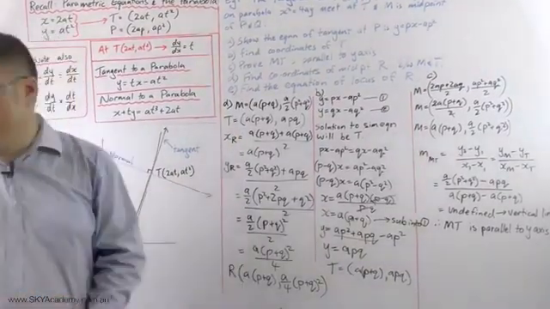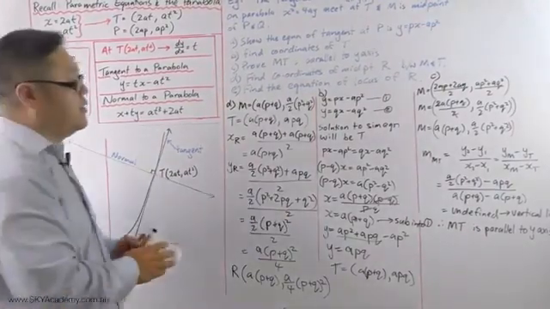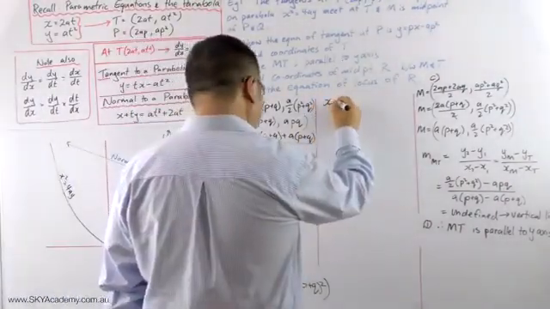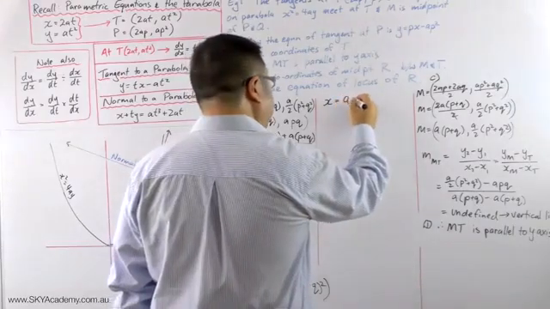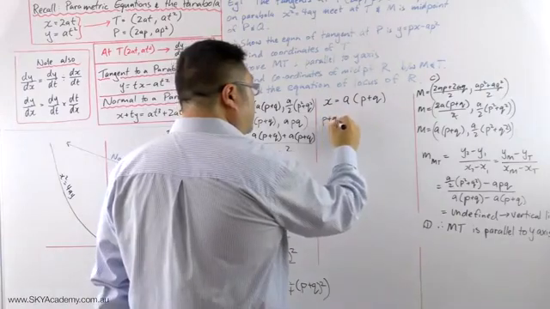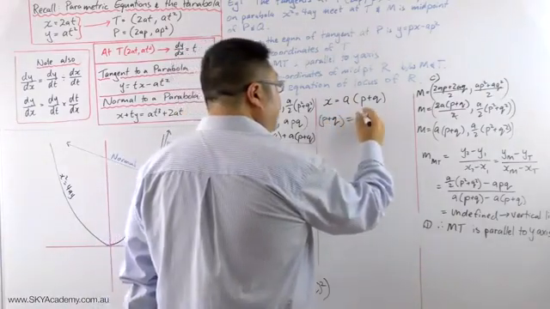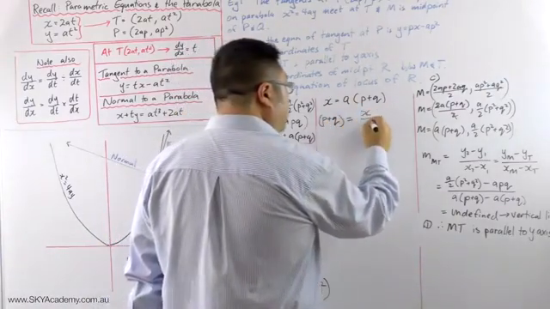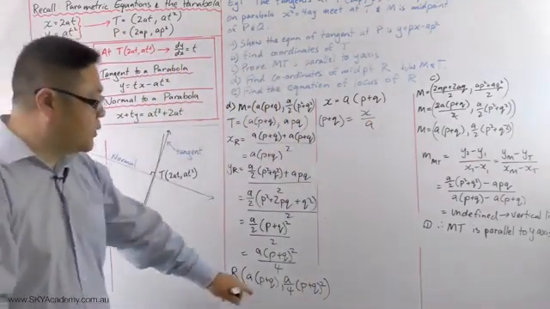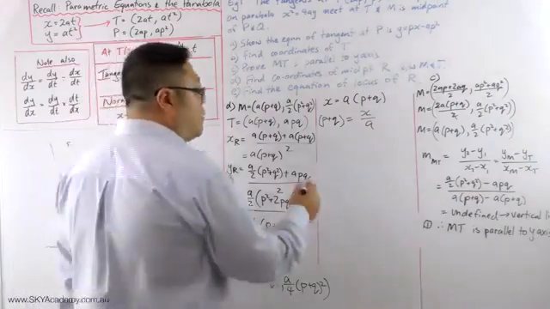And then the last one says find the equation of the locus of R. All right, so I'm going to rub this bit out and do the rest of that here. Now, if your x coordinate equals a(p + q), then p + q is going to be equal to x on a. Does that make sense? That's going to be very important because we're going to substitute that into your y.